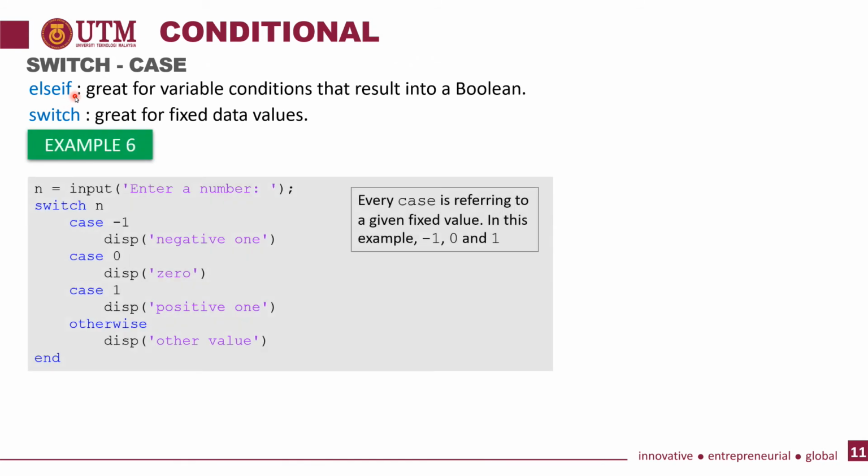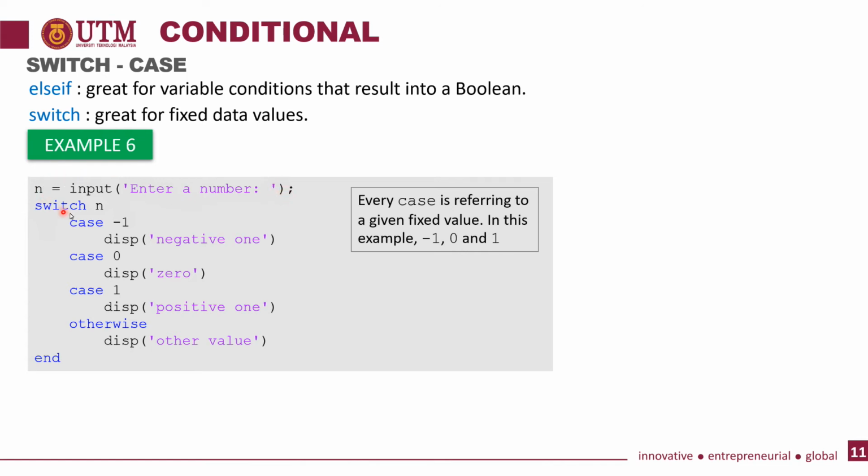All right, so example number 6. First we need to initialize the input. What is the input that we want to give? So n equals input, in the bracket 'enter a number'. Then you need to close the apostrophe, and then close the bracket.